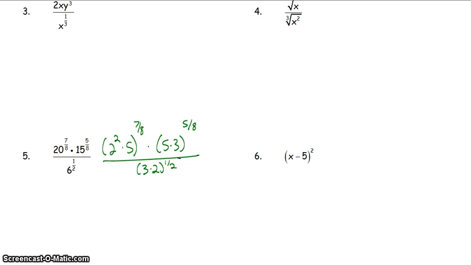And then all over, 6 turns into 3 times 2 to the 1/2. Now, you can, in this case, distribute the exponent, or multiply power to a power, because there is no plus or minus sign at all.